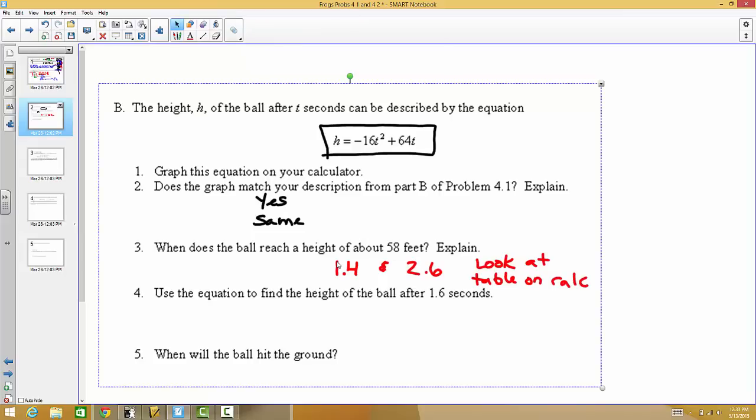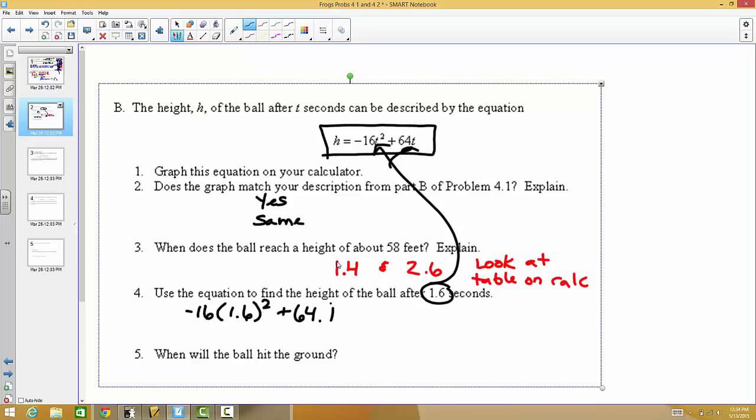And the next question says, find the height of the ball after 1.6 seconds. Well, you can plug 1.6 in for both x's or t's. So you would do negative 16 times 1.6 squared plus 64 times 1.6.